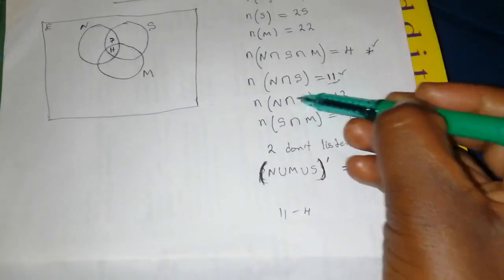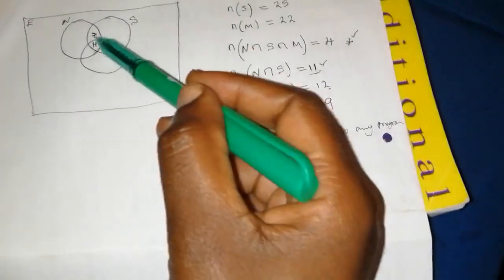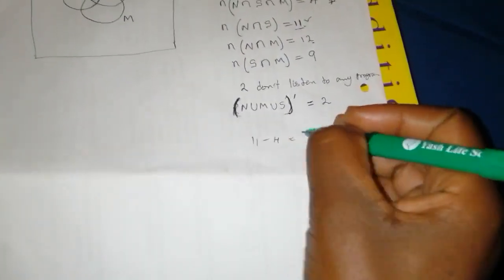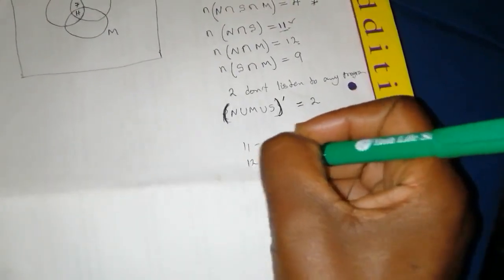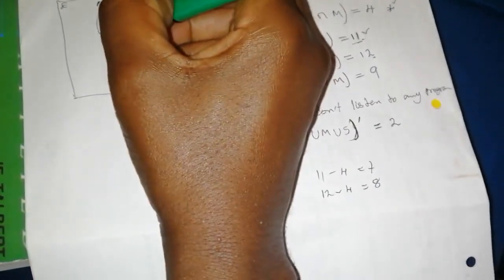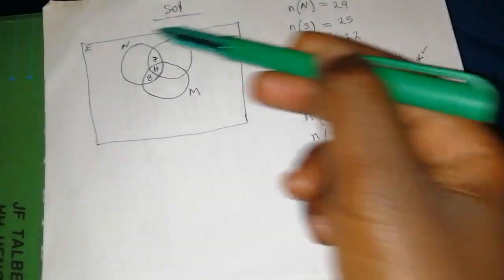Those who listen to news and music are 12, and we are already given 4, so we subtract 4 from 12, and this gives us 8, meaning I have to put 8 there. So 8 plus 4 is 12, those who listen to news and music.